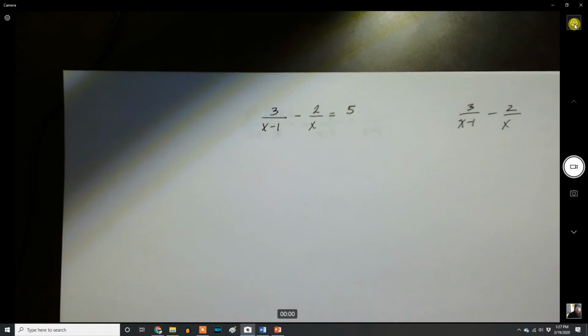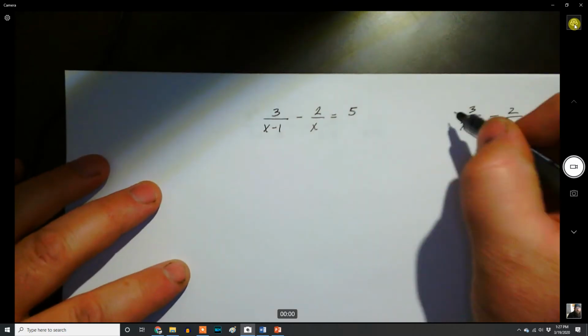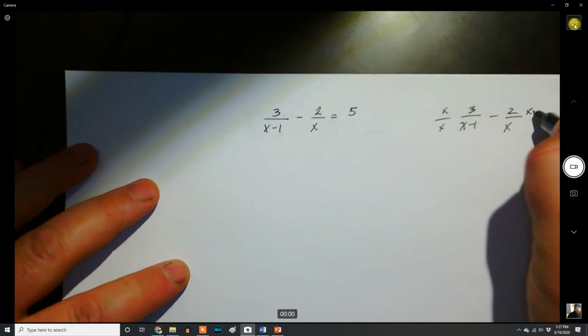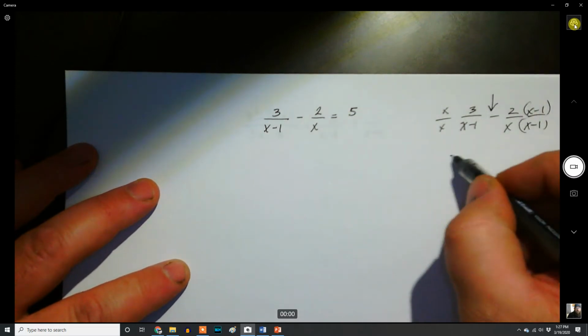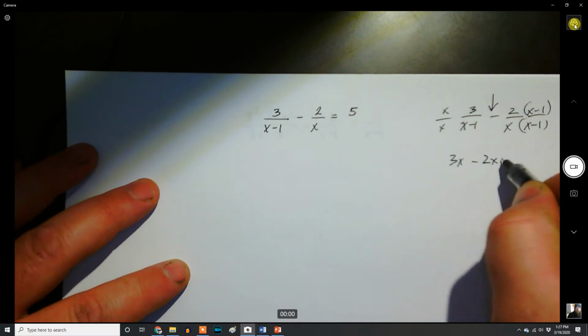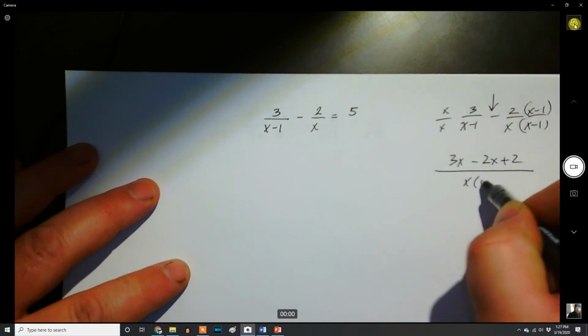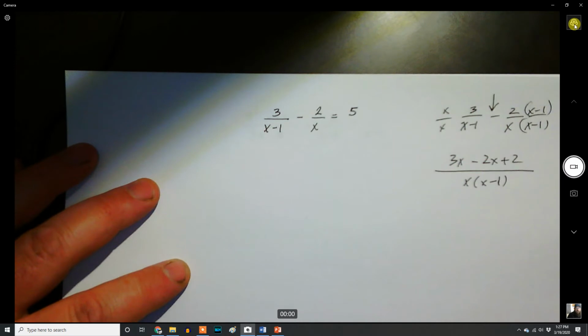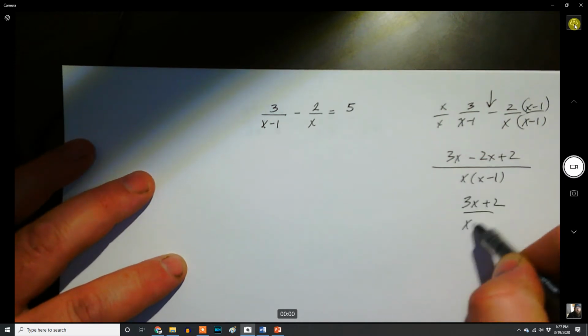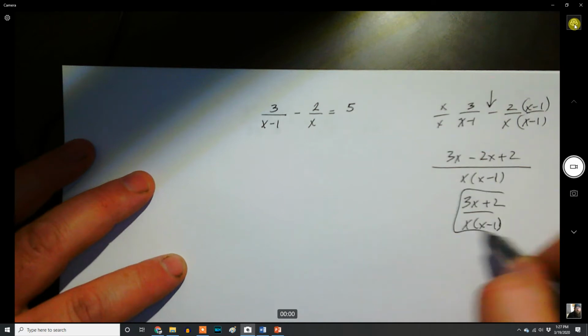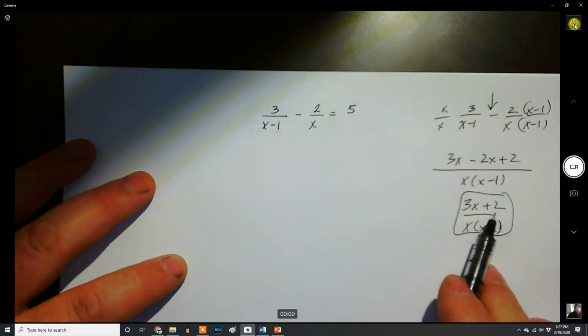Now, if you were being told to simplify this, you would have to get a common denominator, right? You'd have to be careful of that negative sign. This would be 3x minus 2x plus 2 over x minus 1 times x, right? And so when you were all done, you would get this. So this part right here equals that.